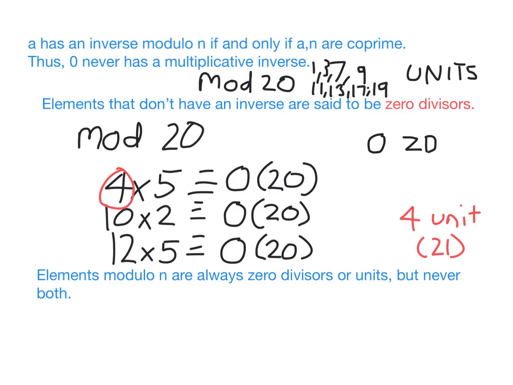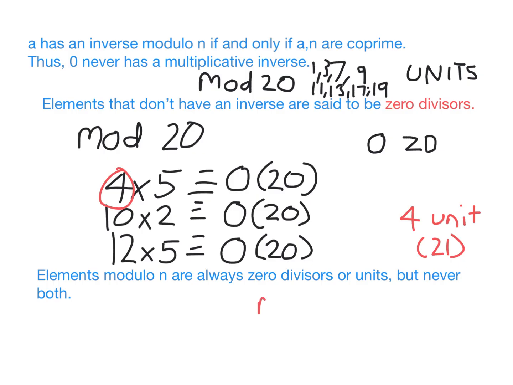And important to note is that all elements are zero divisors or units, but never both. 1 is always a unit, 0 is a zero divisor, but they can never be the opposite. 1 can never be a zero divisor, 0 can never be a unit. Because 12 is a zero divisor, there is no way it can be a unit.